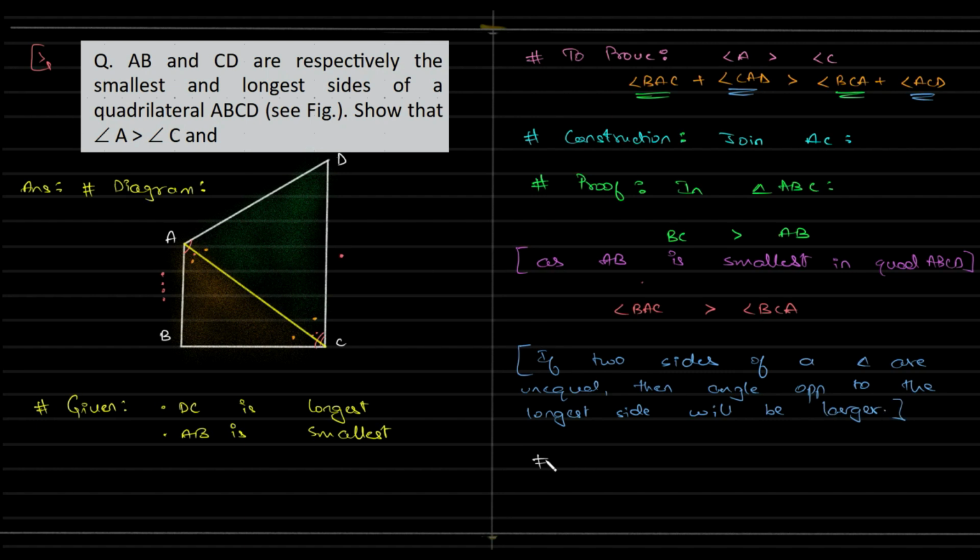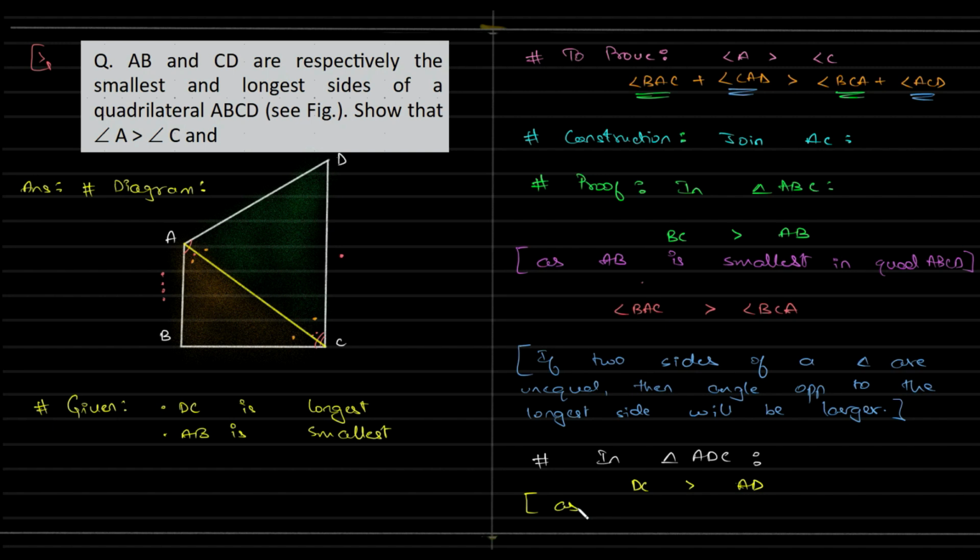Now, the next set of angles. So in triangle ADC, the second triangle, what can we tell? Since DC is the longest, DC has to be greater than AD.